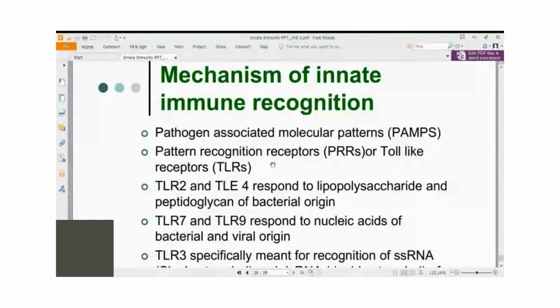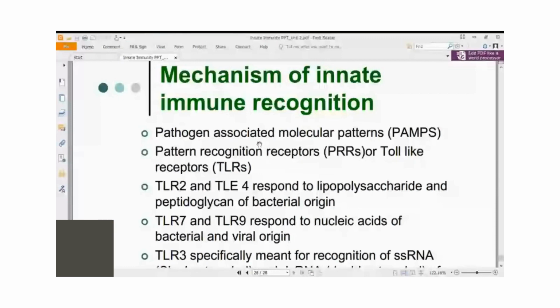Then each pathogen that enters our body has its fingerprint molecule, which is its trademark. That fingerprint molecule, the trademark of the pathogen, is called the pathogen associated molecular pattern.